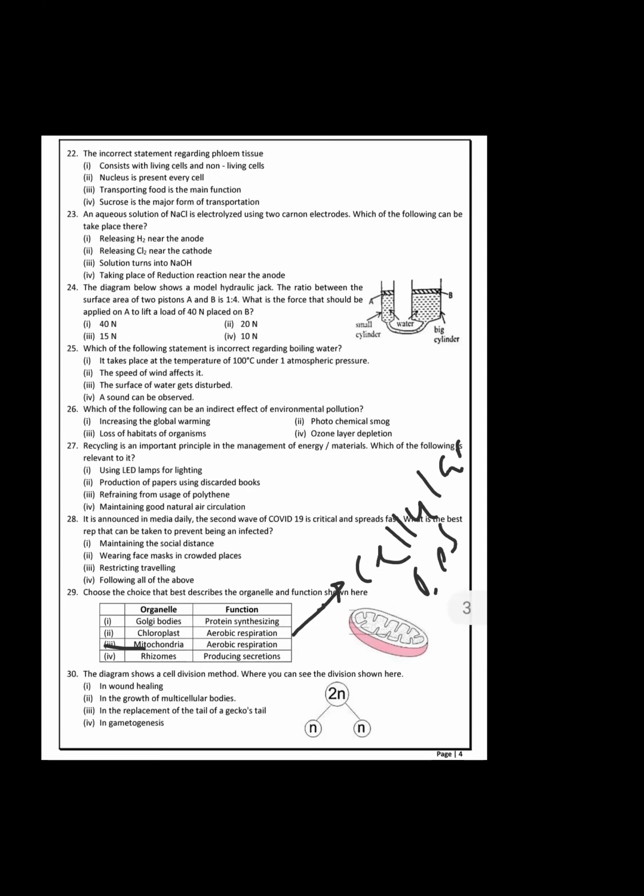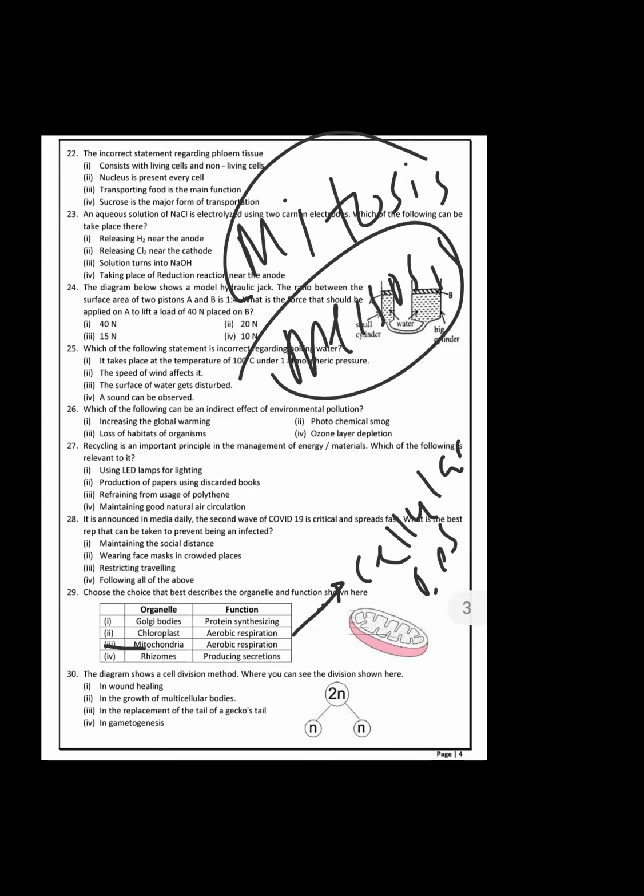It is gametogenesis. You can study about this before in your classes. What is mitosis? Mitosis and meiosis. You can understand and separate these two categories. What is mitosis? What is meiosis? How can they occur? How do they take place? How do they produce after the experiment?